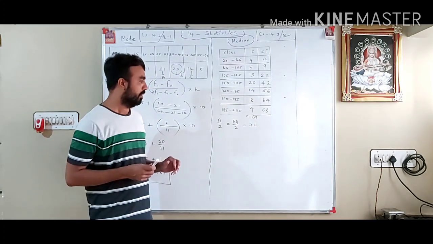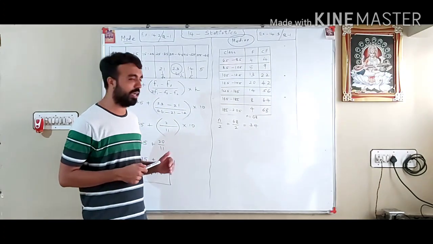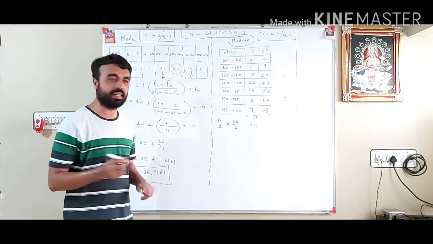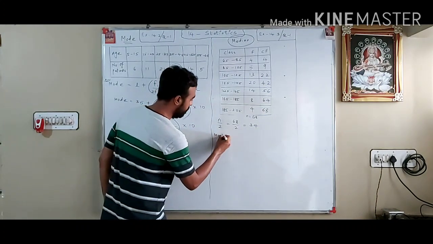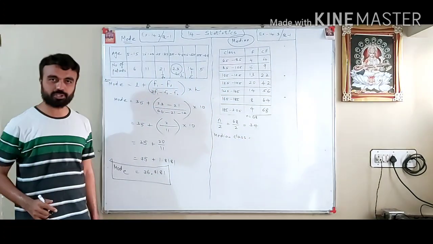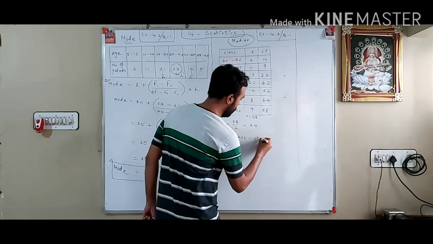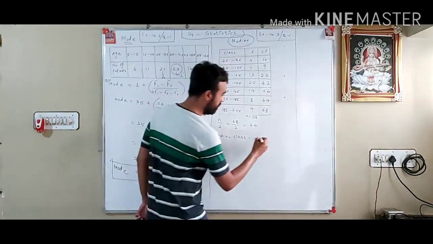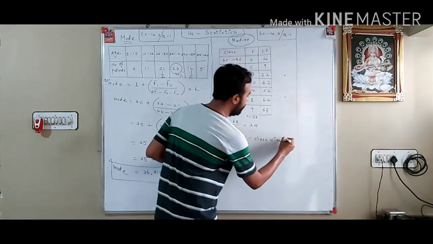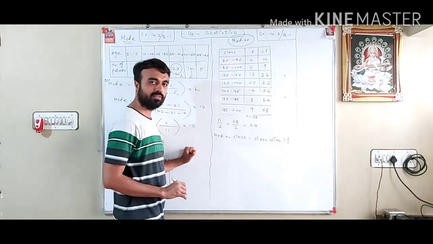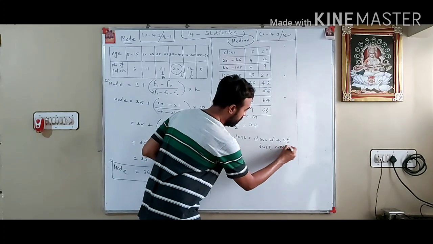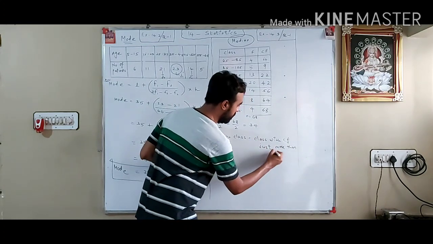Okay. Now, after writing this 68 by 2 equals to 34, what you need to do? You need to write down this sentence. Median class equals to class with CF just more than n by 2.